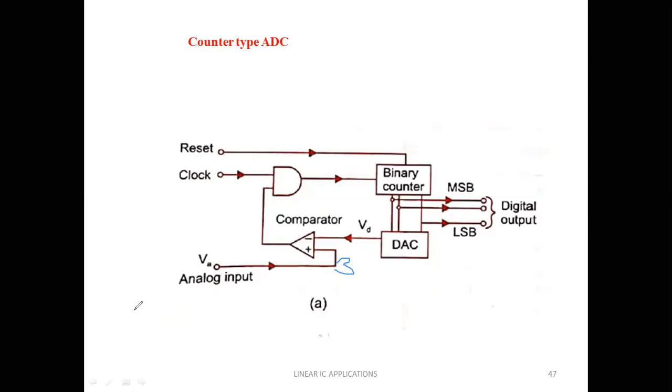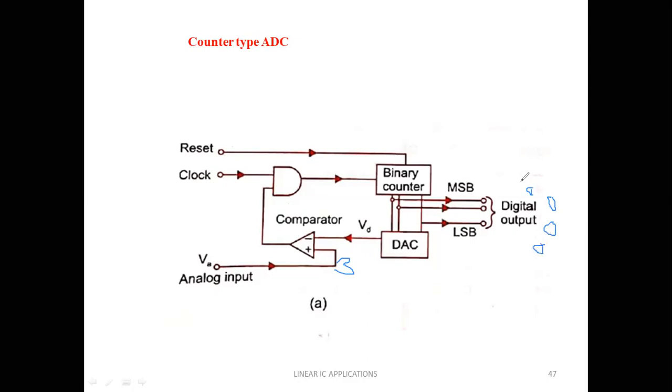Initially, when we switch on the ADC, we have to press the reset, so that any digital output will be reset and it produces all zeros. I'm unable to write exactly using this mouse, I'm very new to this process.